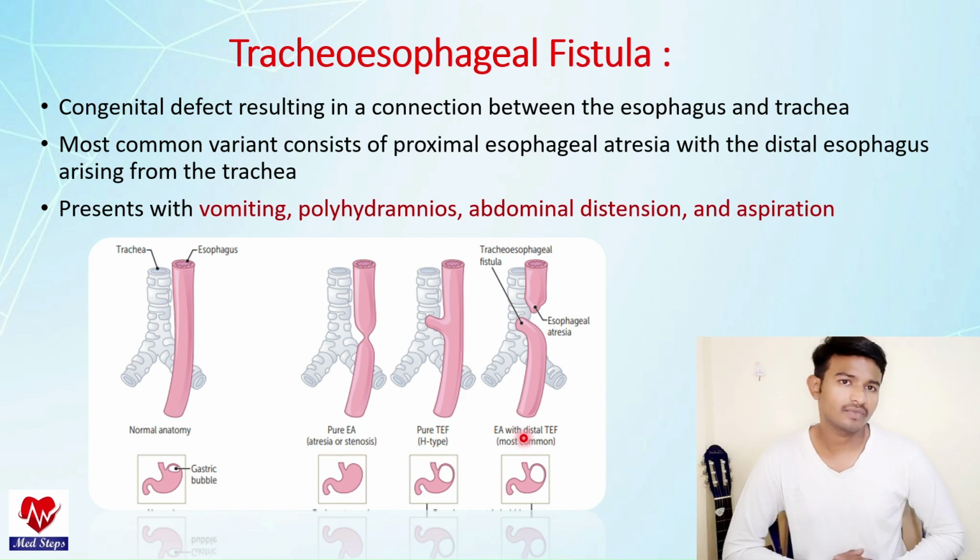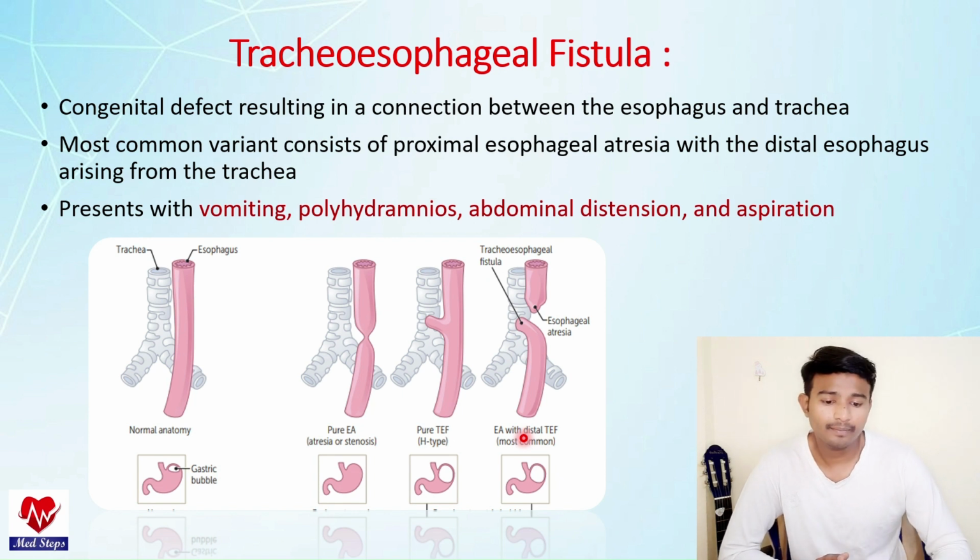If you go to a hospital, 85% of the cases you will see are of this type: esophageal atresia with distal tracheoesophageal fistula. In this disorder, the esophagus part didn't attach to the trachea, so the food comes here and the baby will automatically vomit.